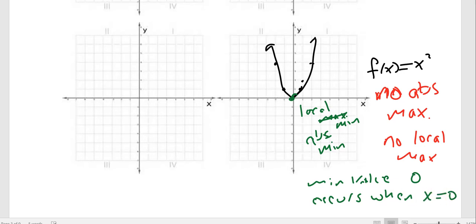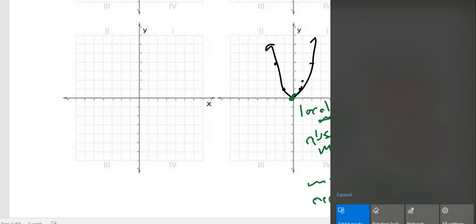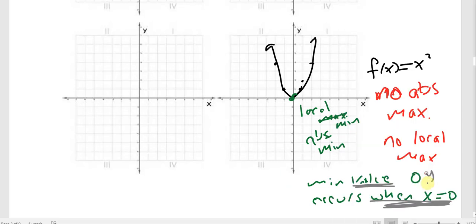So you'll notice one thing with some of the phrasing in the questions. When it asks where something happens, we're thinking about the x coordinate. When it asks what the value is, it's always the y coordinate. So value is the y coordinate. Where that occurs is the x coordinate.